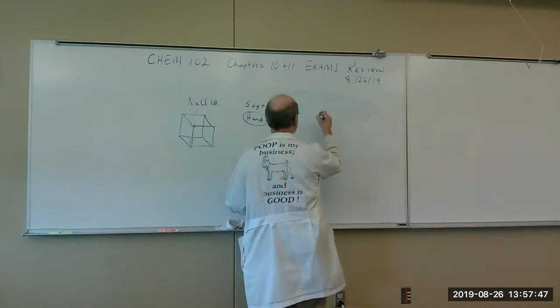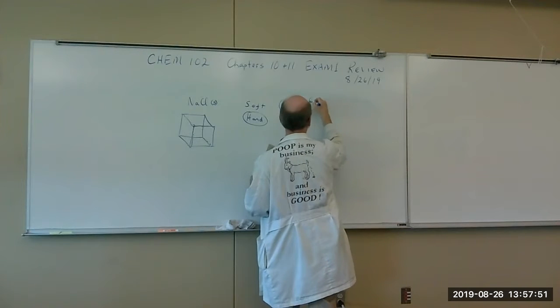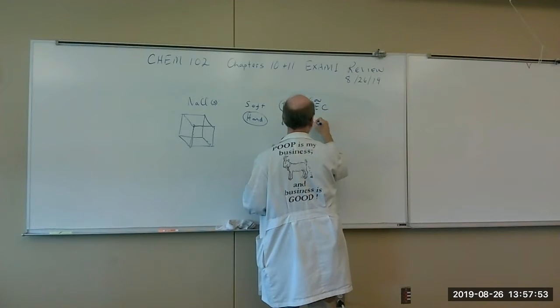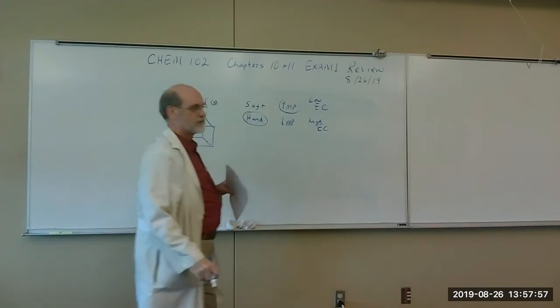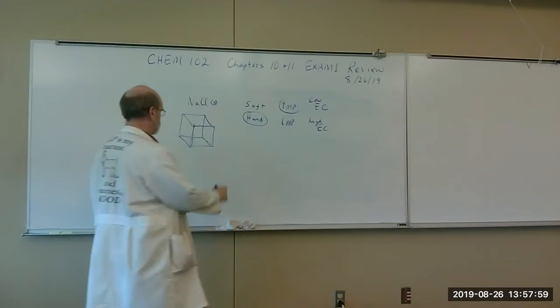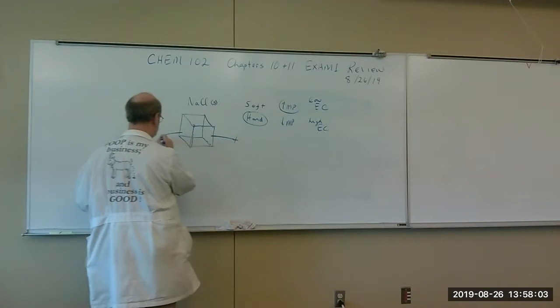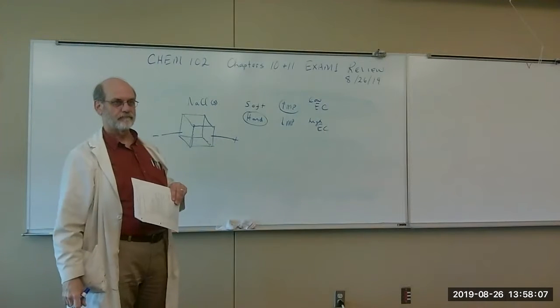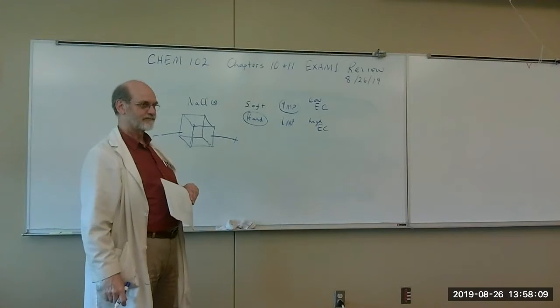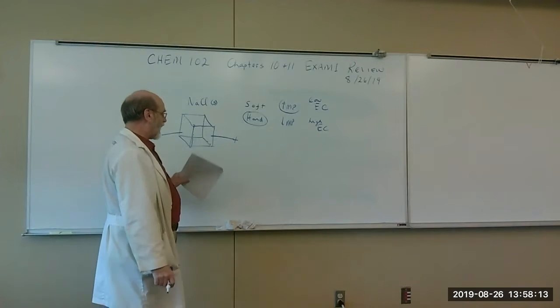How about electrical conductivity? Is it low or high? If you put an electrode on this side, electrode on that side, say this one's positive, this one's negative, are you going to get a current through that? No, you're right. Why?